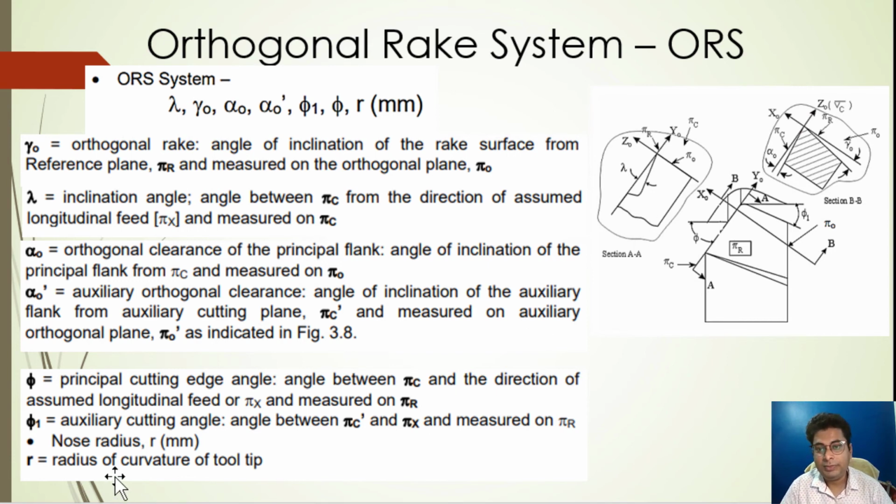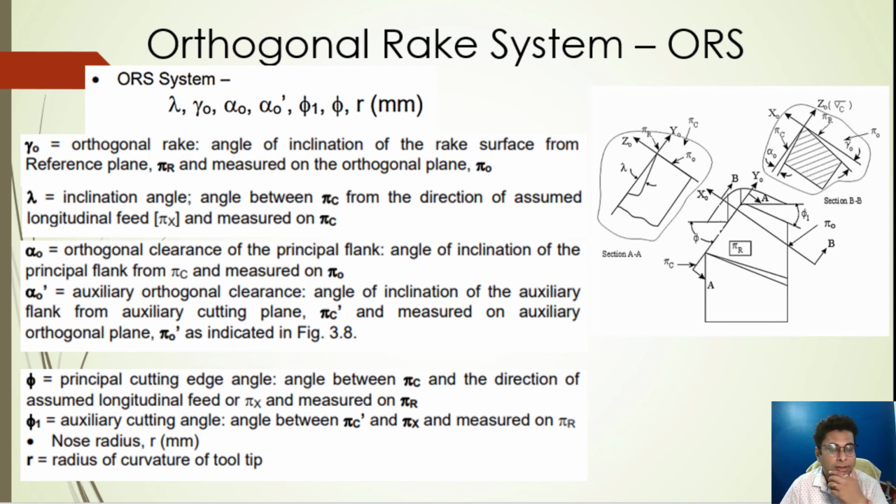Okay. Here the nose radius is given in millimeters, and the importance of nose radius I think we have already discussed. Now ASA system has limited advantages and use like convenience of inspection.